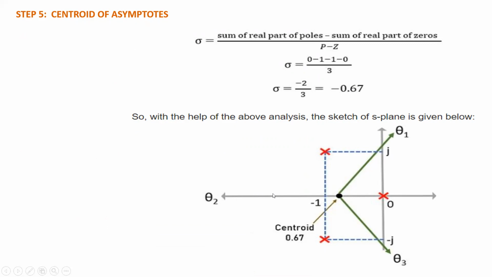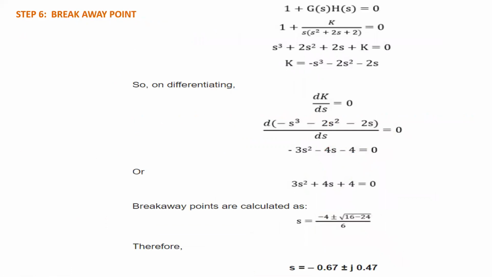Moving on to the next step, the breakaway point. We have the characteristic equation, which is equal to 1 plus k times g times h. If we substitute g times h as the open loop transfer function, we can find the characteristic equation of the closed loop transfer function. If we find k in terms of this characteristic equation, we have minus s cube minus 2s square minus 2s.